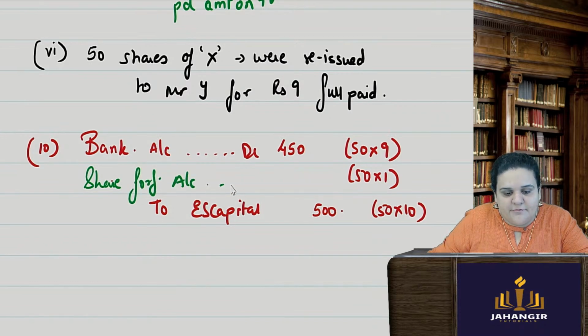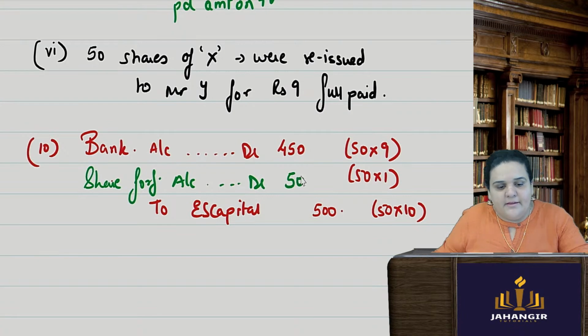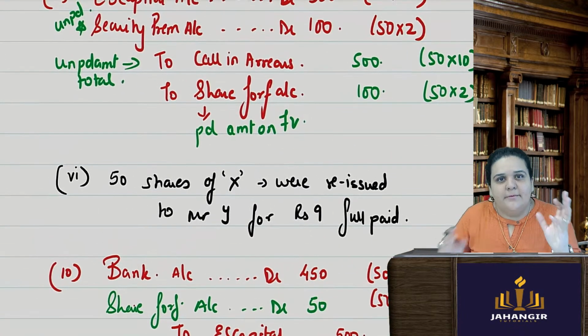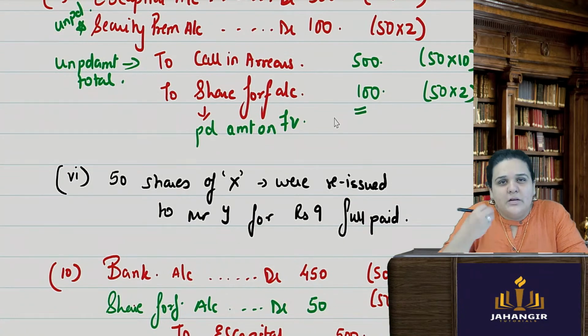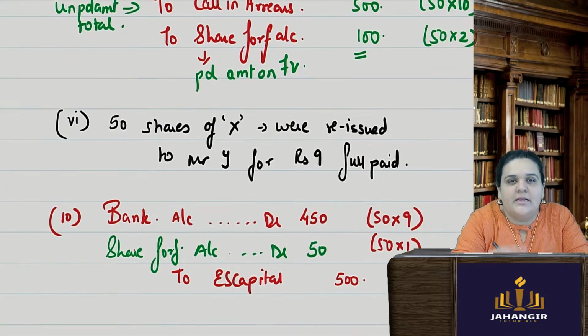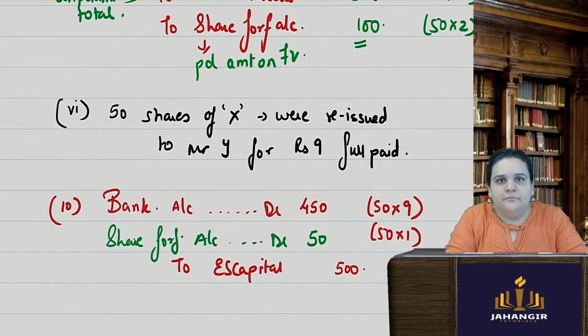Why will I write share forfeiture account? Because X had paid me some money which is lying in my share forfeiture. So let me write off that loss on the reissue with the help of share forfeiture.